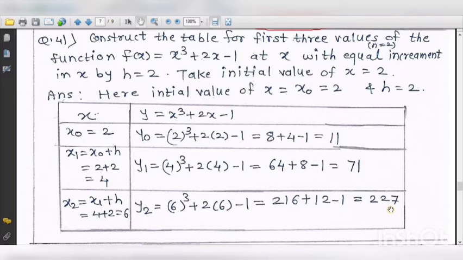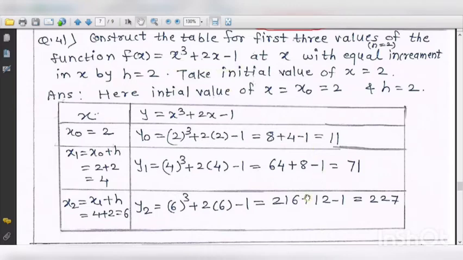So in this way we can construct a table of equidistant values of x and its corresponding values of the function y if we are given the initial value, the increment and the formula of the function.